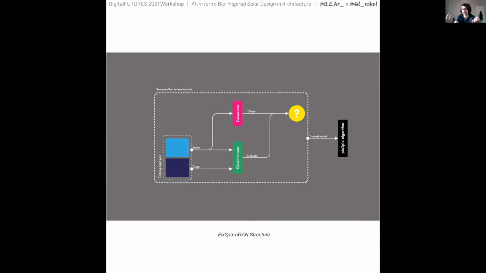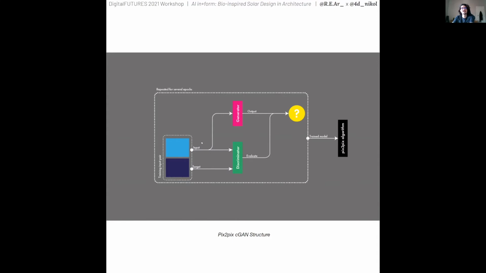The way it does it is by using two internal models, two algorithms inside of it, that compete one against the other. It's similar to a GAN, if you have seen one before, but it uses the image pair instead of just one image.